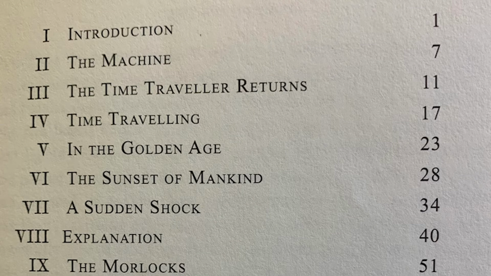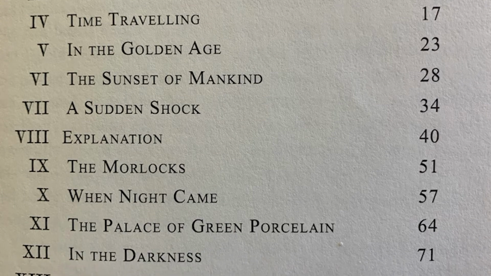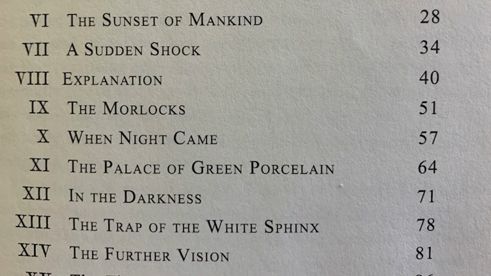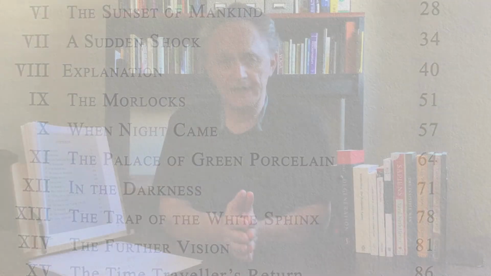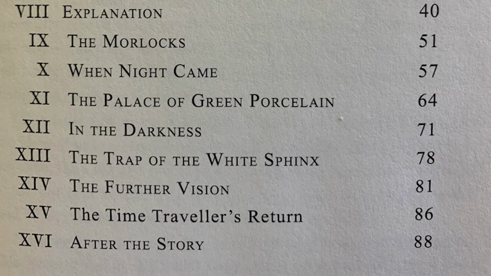And then from chapter 4 all the way down to chapter 14, that's where all the action is happening in terms of the Morlocks and the Eloi. And of course, that's been the usual adaptation in terms of movies, because that's a simple plot. And then finally, at the end, there is the further vision and the end of the story. So that's the way it works.